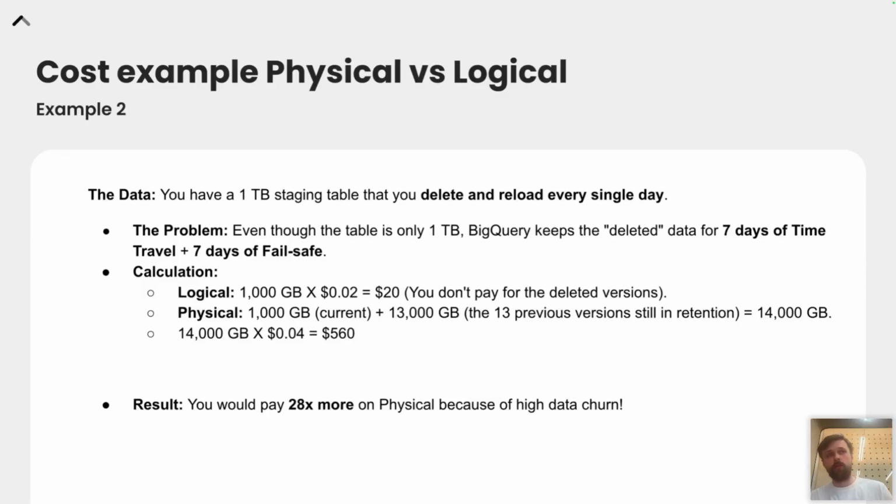While with physical, we would pay for the current 1,000 gigabytes plus 13,000 gigabytes from the previous versions in retention. That's a total of 14,000 gigabytes, and that would be $560 per month. So with physical storage here instead of logical, we would pay 28 times more because of the high data churn.